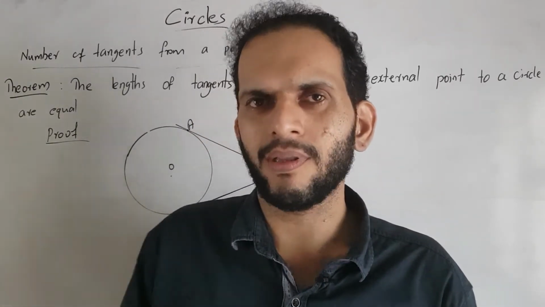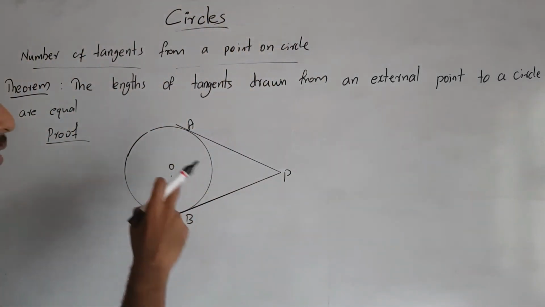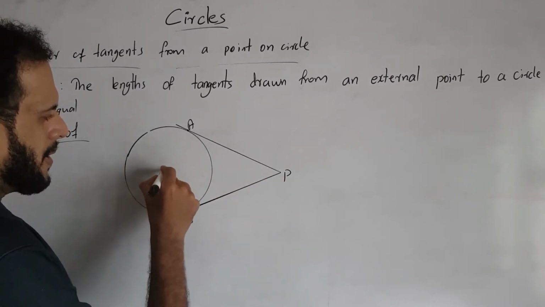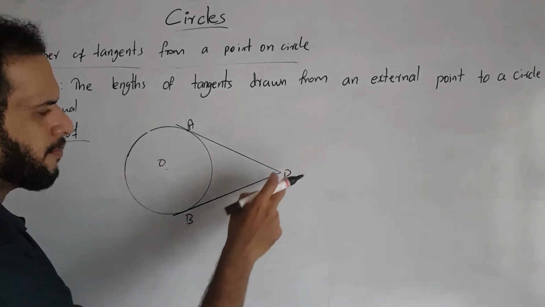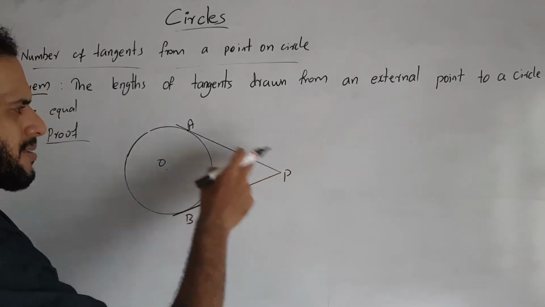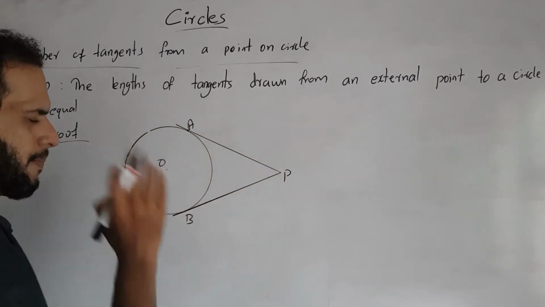Okay, so for that we just start a rough figure. O is the center of the circle and P is an external point. From P we draw the two tangents to the circle, that is PA and PB.